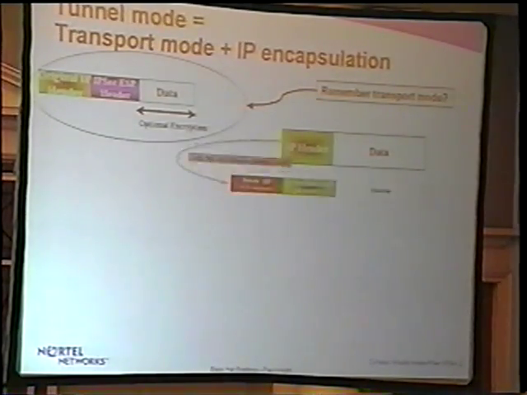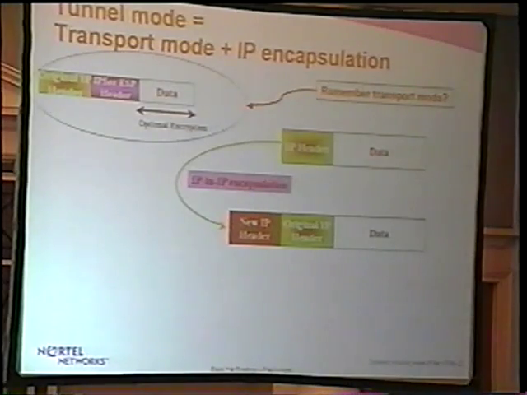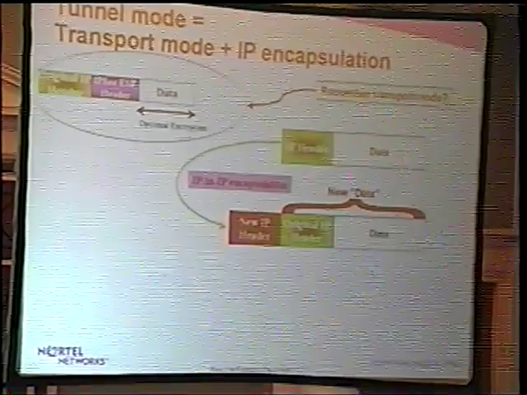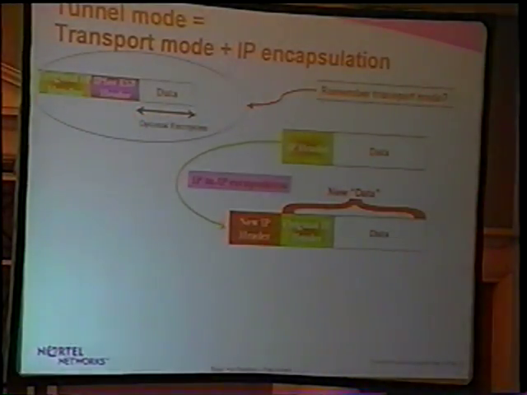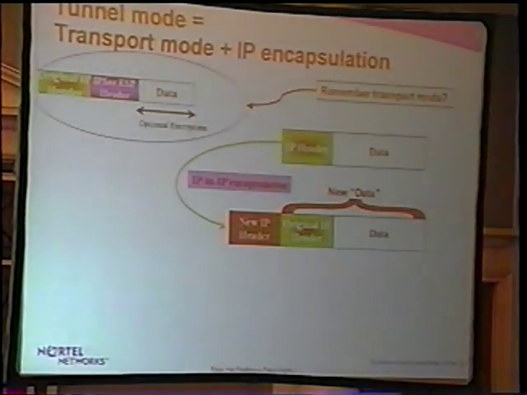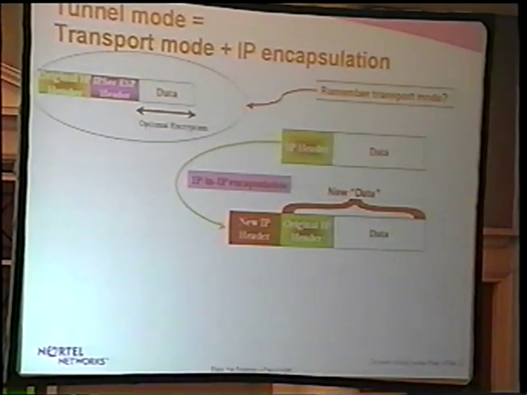So we start with a basic packet, do the IP and IP encapsulation. So this simply puts a new header on it. The source address is going to be based on the gateway that's sending the packet. The destination address is going to be the destination gateway. The entire original packet becomes the data field of this new packet.